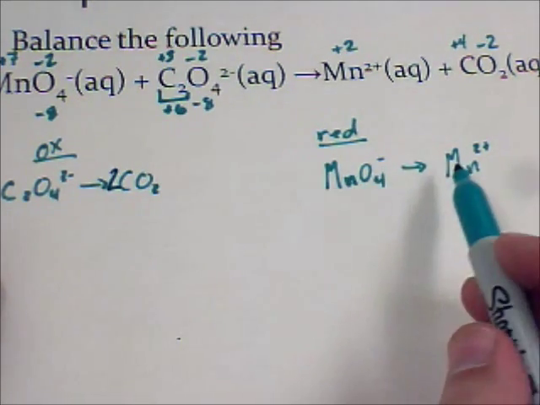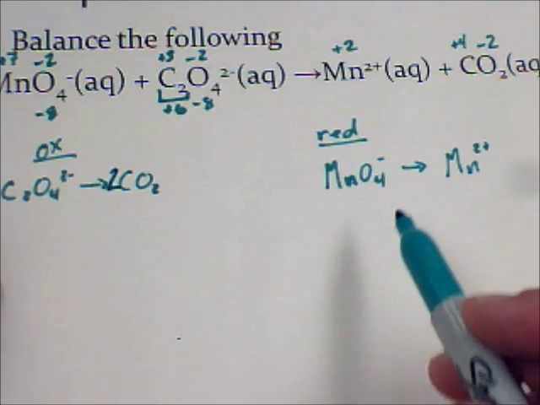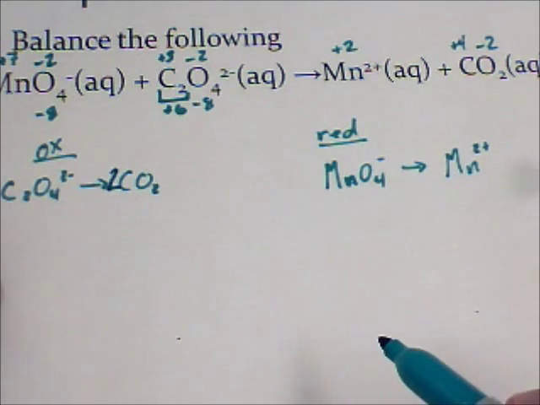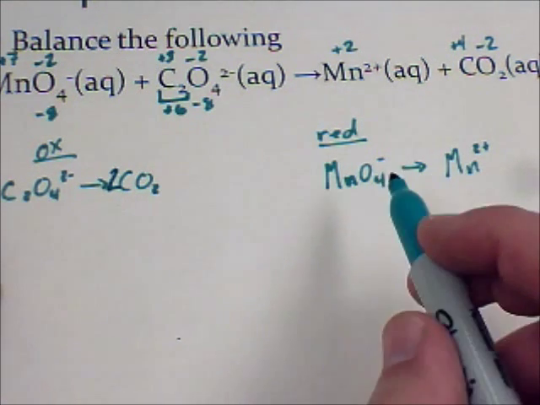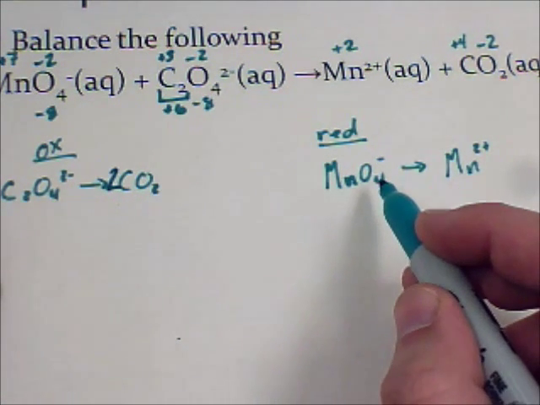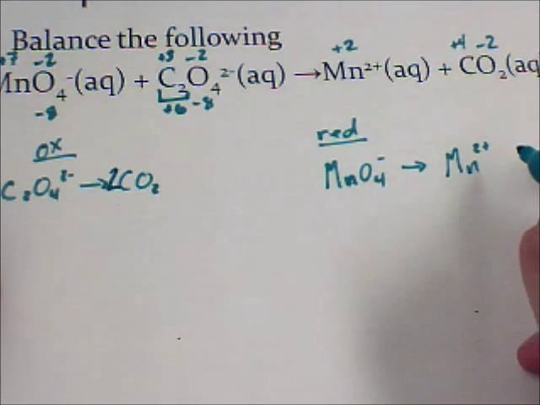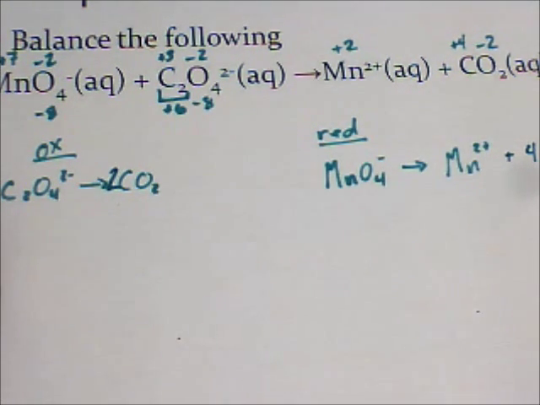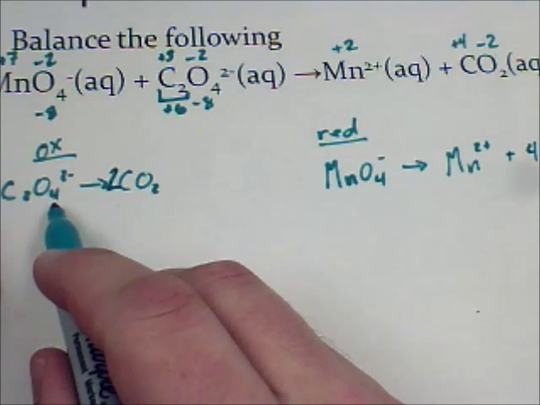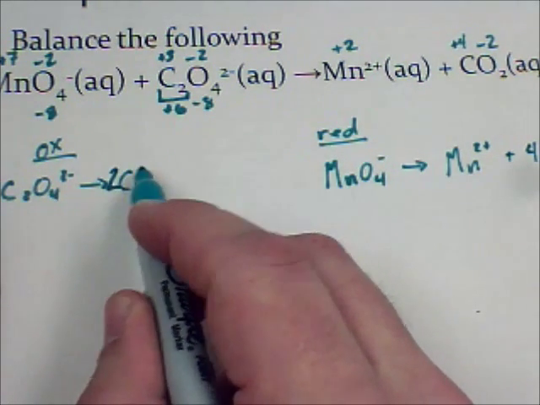Here I've got manganese 1 on each side, so I'm all set with that. Now we balance oxygens by adding water. So here I've got 4 oxygens on the left, I'll need 4 oxygens on the right. Each water gives me 1 oxygen, so I'll need 4 waters on the right. Here I've got 4 oxygens, here I've got 2 times 2 is 4 oxygens, so that one's all set.